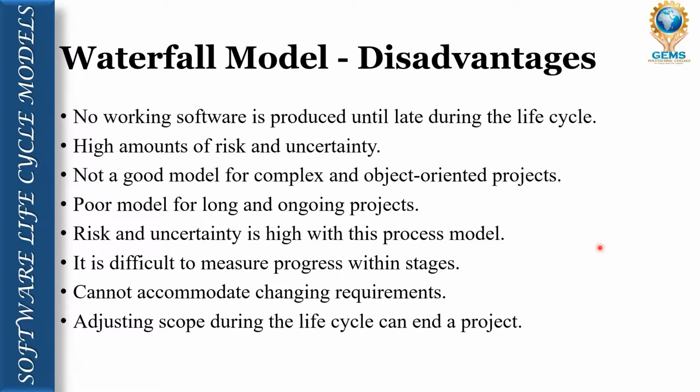So we cannot adjust in between, because each step is individual. That means only when one step is successfully completed can we go to the next step. So these are the main disadvantages or weaknesses of the waterfall model. Dear students, I hope it is clear for you.